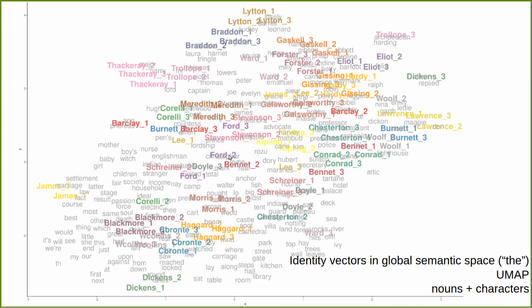The embeddings pull the neighborhood semantic space of these identity vectors a bit towards the nouns and obviously characters, because characters are the stuff that co-occurs uniquely within this text.